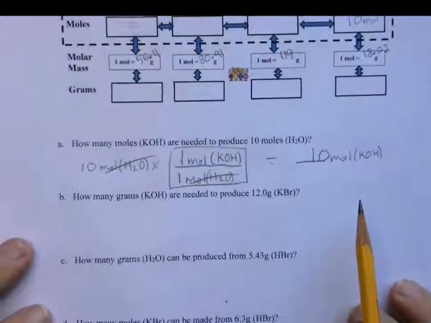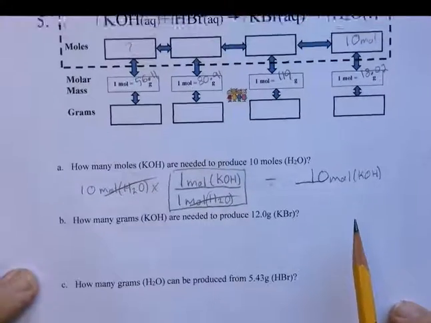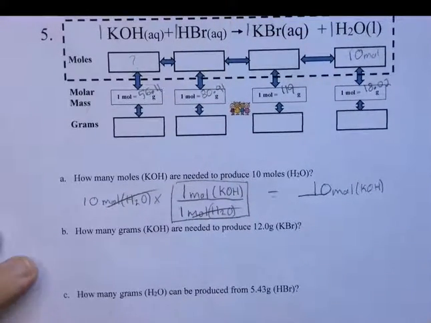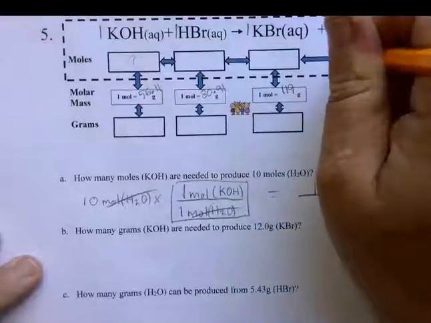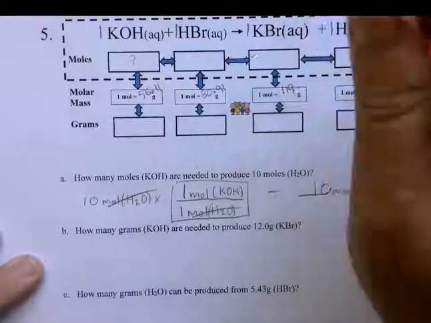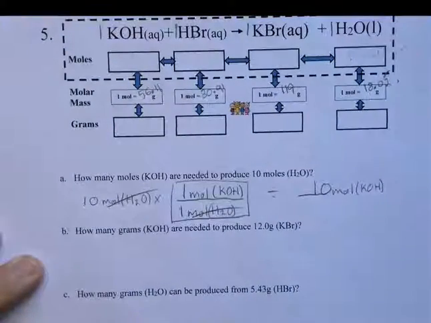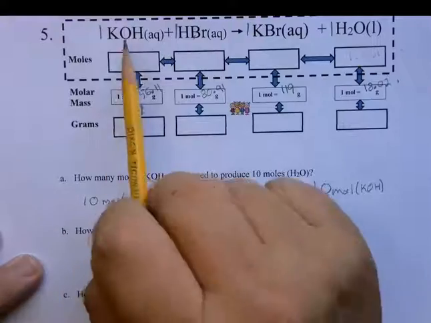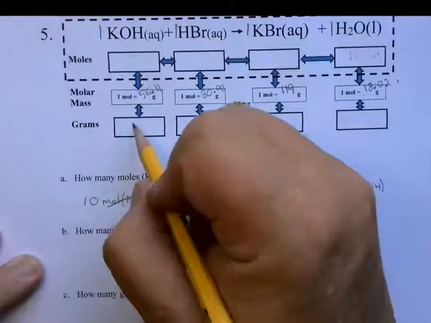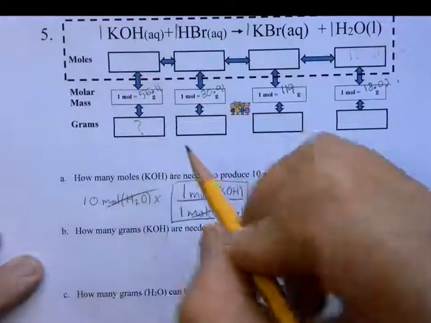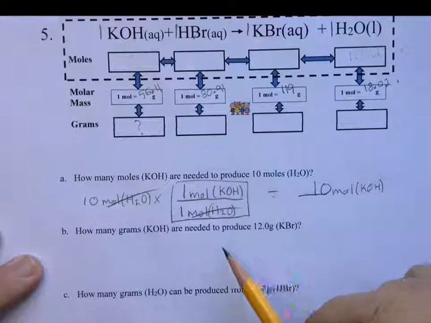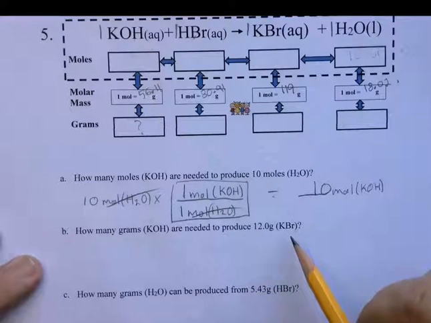All right, let's keep going here. Let's erase what we have up here. Good. And let's keep going. So next, how many grams of KOH? So right here it's asking us how many grams. There's grams down there, and it's on how many are needed to produce 12 grams of KBr.